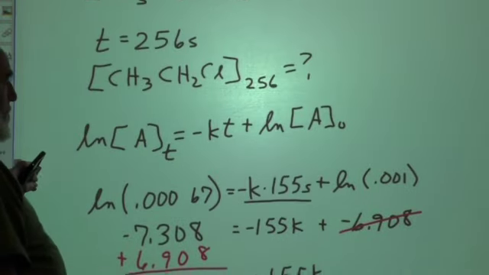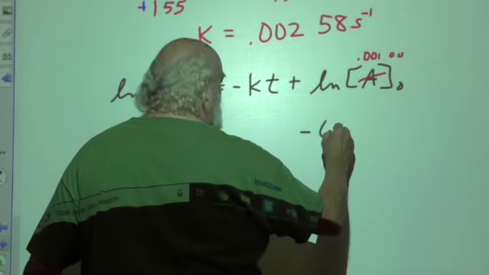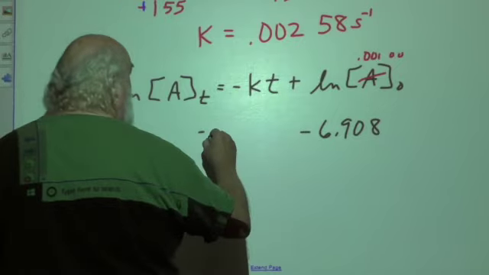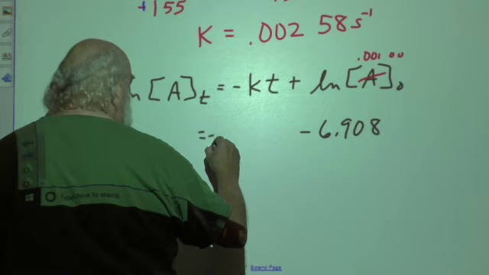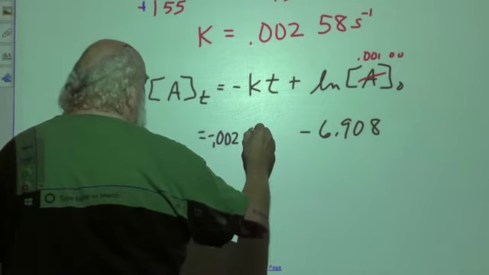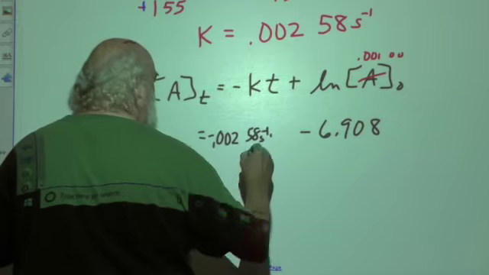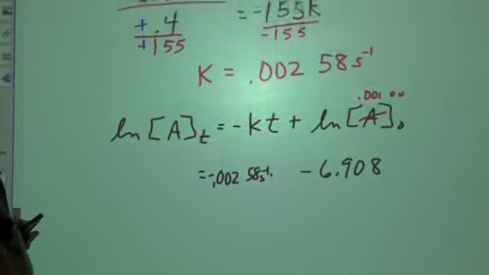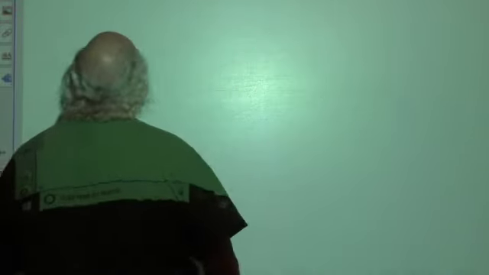Negative 6.908. And K now is 0.00258, with a negative sign, negative 0.00258 seconds to the -1, times the time. Now the time in the second scenario is 256 seconds, yes.